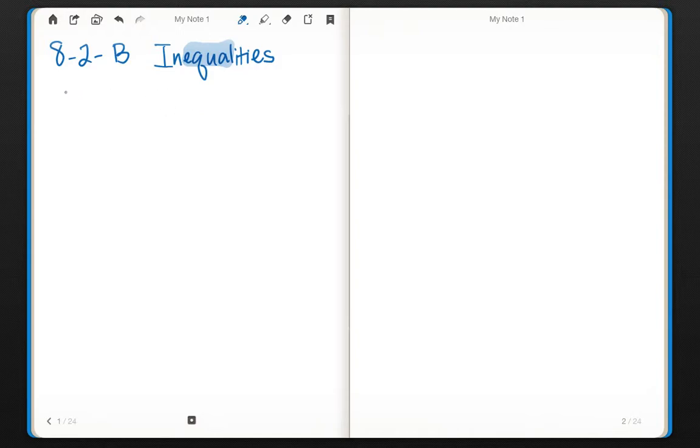So let's get down a definition of an inequality. So you can write this in your notes.